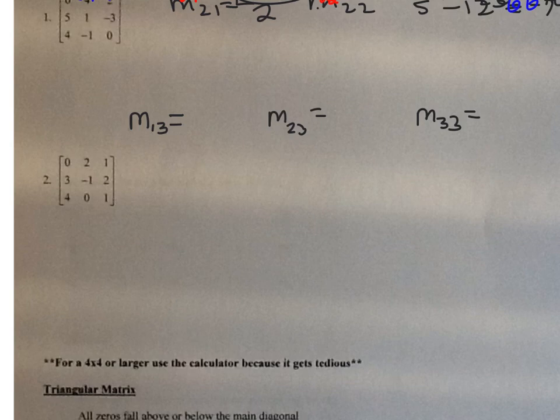Okay, so minor 1, 3. That is row 1, column 3, so I cross that out. Then I have 3 times 0 is 0, and 4 times negative 1 is negative 4. So 0 minus negative 4 is equal to 4.